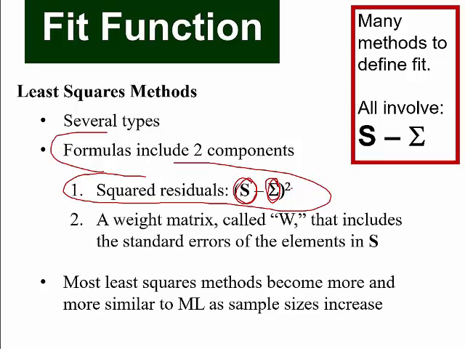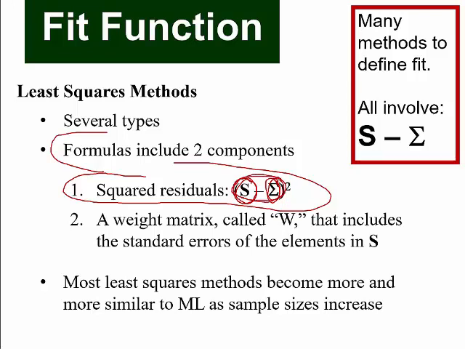If you recall, when we were doing exploratory factor analysis, we had a reconstructed correlation matrix, and we compared our reconstructed correlation matrix to the actual observed correlation matrix, and then we calculated squared residuals.